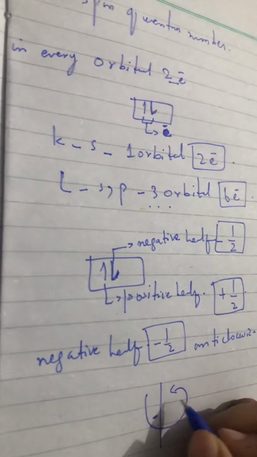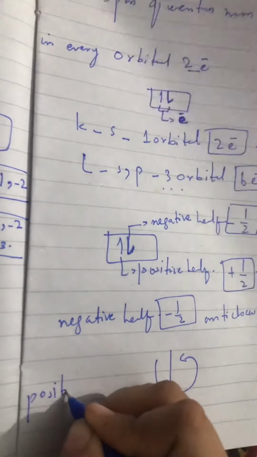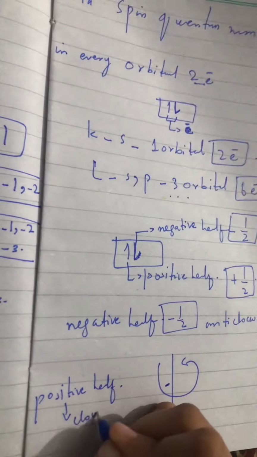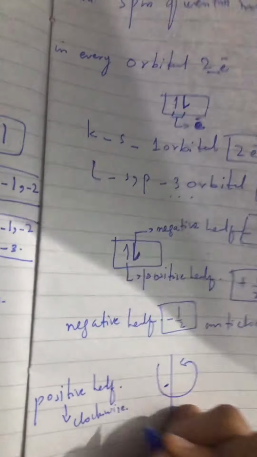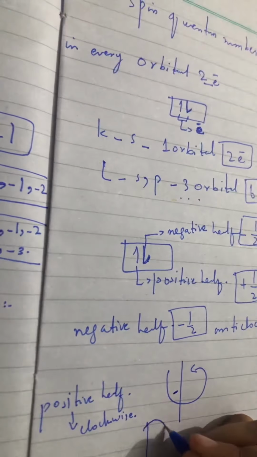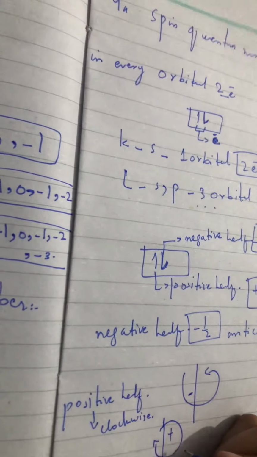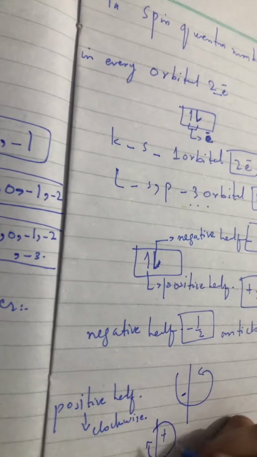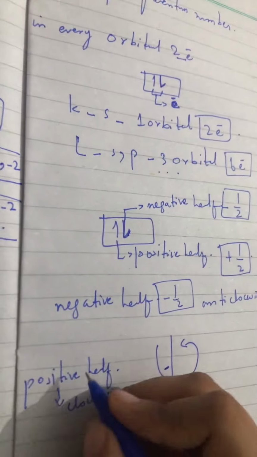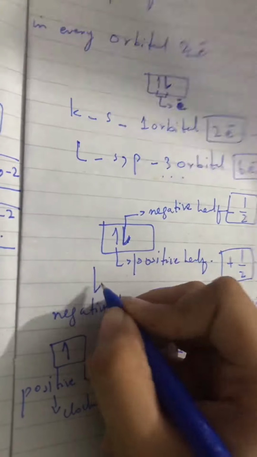The positive half is clockwise, like this. So in the electron, this is positive half, shown like this, and negative half, shown like this.